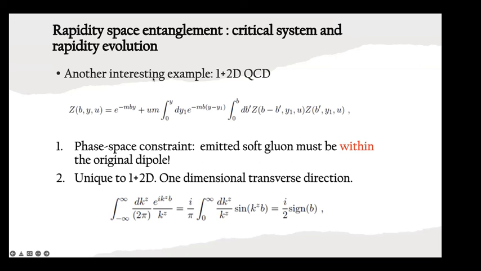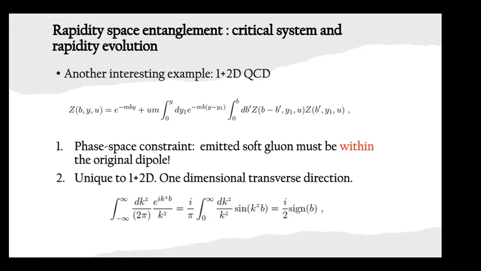So then another interesting example is that we can study this 1+2 dimensional QCD with only one-dimensional transverse separations. In this case, there are still rapidity divergences in the light front wave functions of the dipole, but this evolution kernel changes dramatically, and actually has only a compact support, which means that the emitted soft gluon can only be within the original dipole.